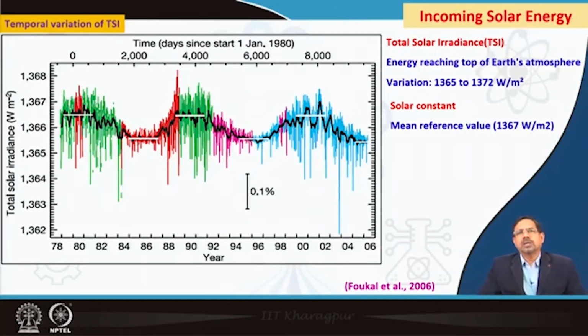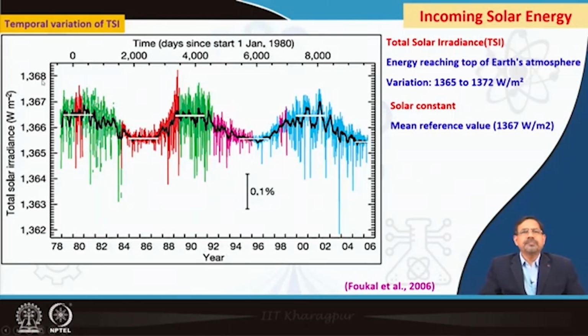So, over a surface area of one meter square, this is an average variation, but let us try to understand why this is. With a solar constant, or we say the mean reference value, we sometimes talk of 1367 watts per meter square.